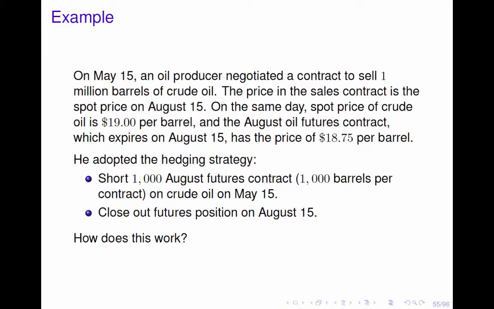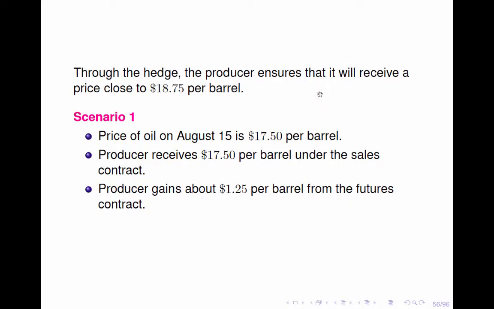Now let's see how does this short hedging strategy work. Through this hedge, the oil producer ensures that it will receive a price close to $18.75 per barrel. That is, short hedge helps effectively to lock in the future selling price. We'll consider two different scenarios. First, the spot price of oil on August 15th is less than $18.75 per barrel.